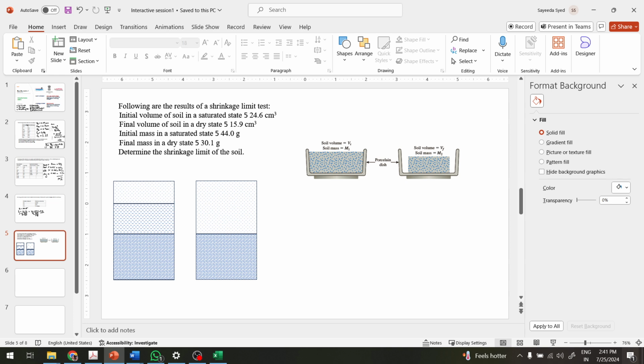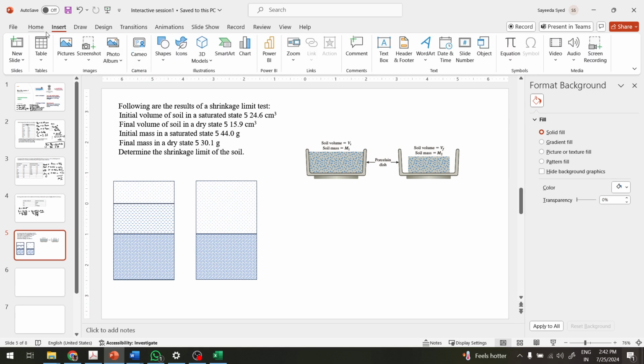Okay, so this three-phase diagram is for the unsaturated state.